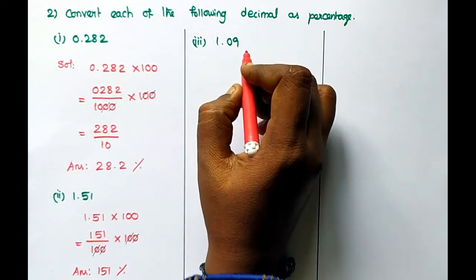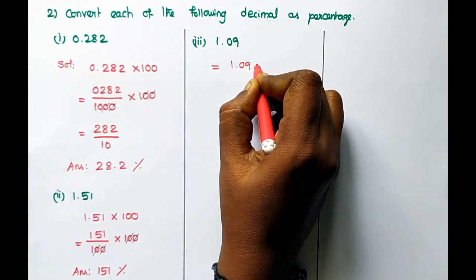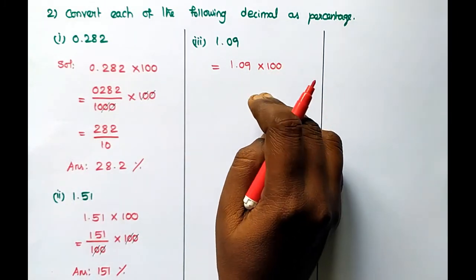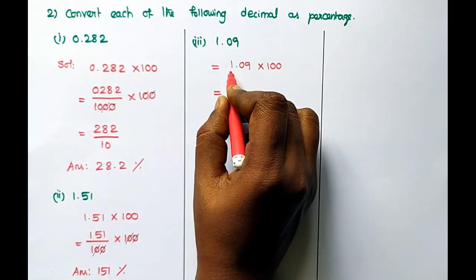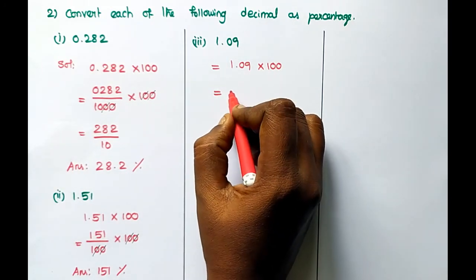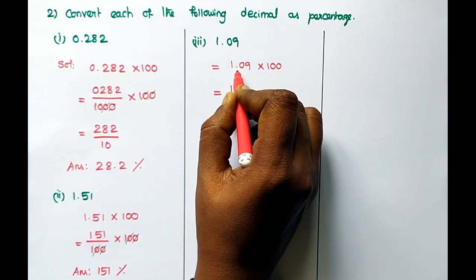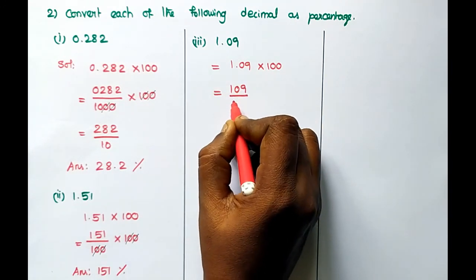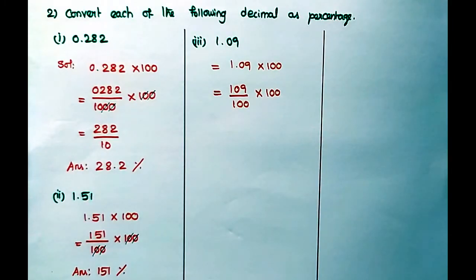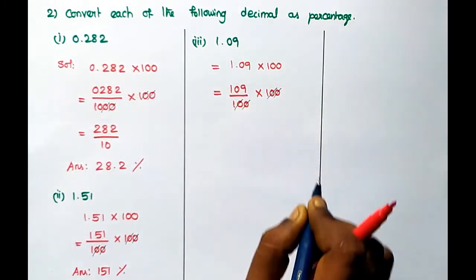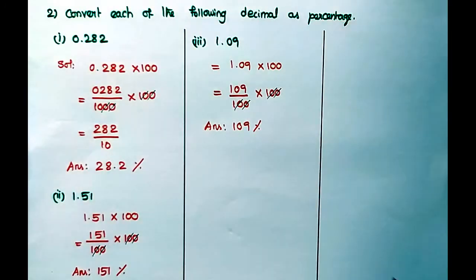Next one, 1.09. First 1.09 into 100. That is the procedure for percentage. Now change the decimal as a fraction, that is 109 divided by 100, after the decimal point 2 digits, into 100. Now 2 zeros get cancelled, so we get 109%.